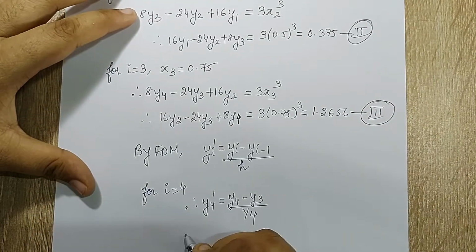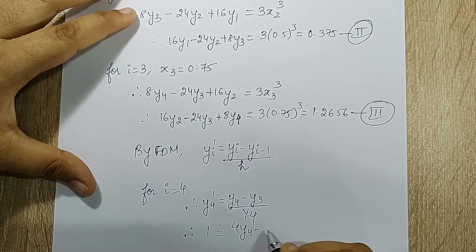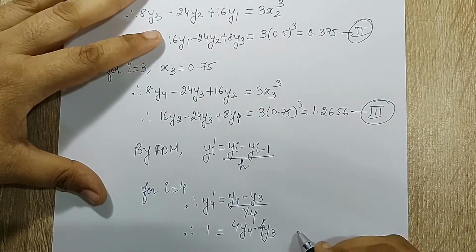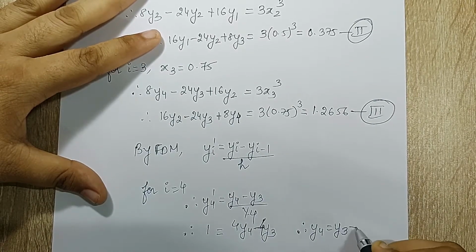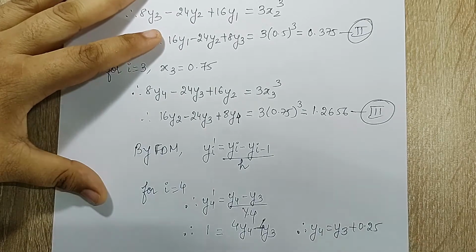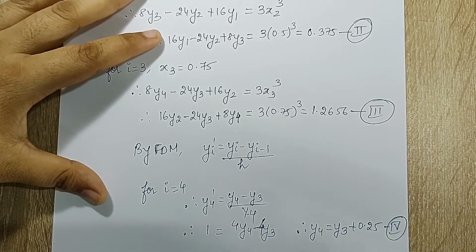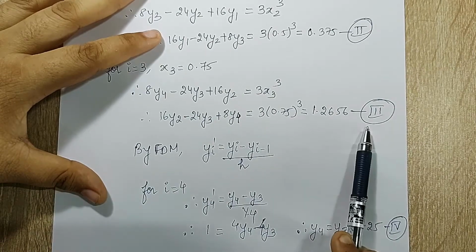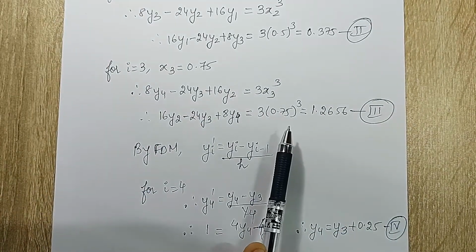Now let me solve. Therefore this will become 1 is equal to 4y4 minus 4y3. So therefore I can say y4 is equal to y3 plus 0.25. I mark this as equation 4. I will now substitute equation 4 in equation 3. When I substitute, this y4 will be converted in terms of y3.